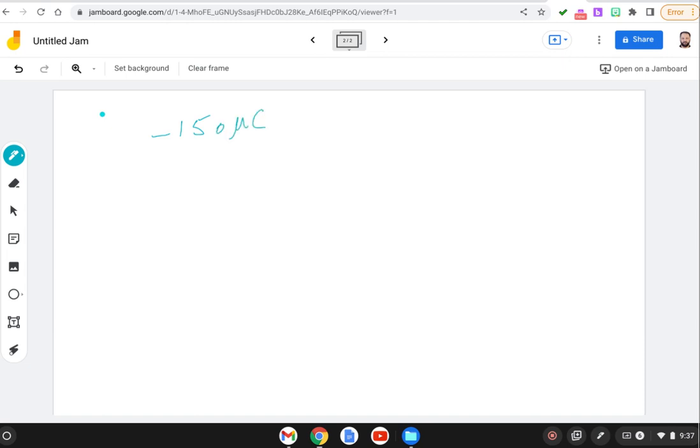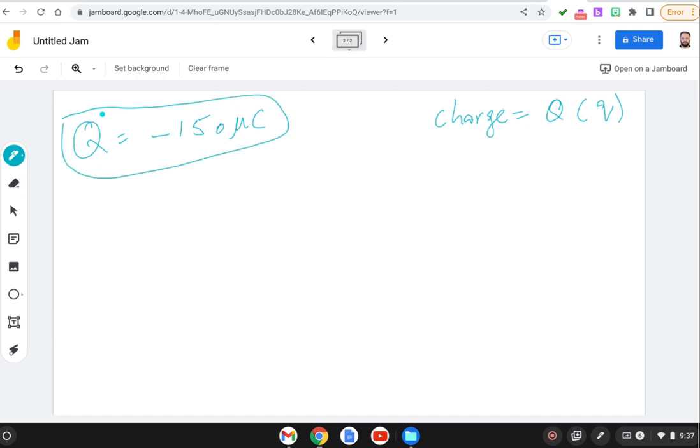This is Q, capital Q. We represent charge by Q. It can be minus small q or capital, no problem, anyone you can write. So minus 150 micro, this symbol shows micro. Micro means 10 power minus 6. You can write minus 150 times 10 power minus 6 coulomb.